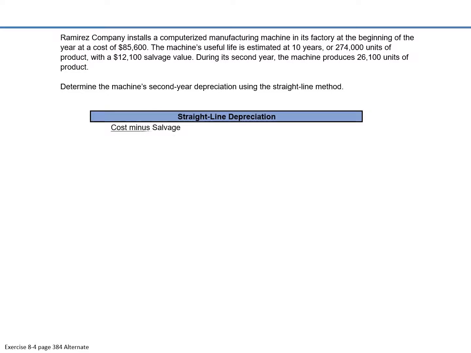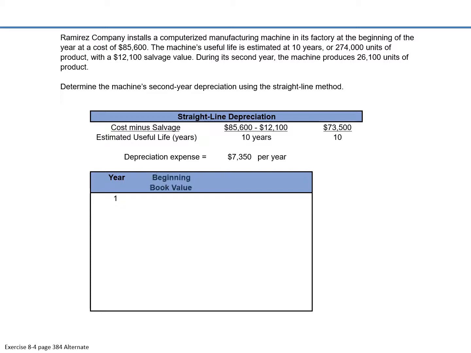All right, so straight line depreciation is cost minus salvage divided by useful life. In this case, we have a cost of $85,600, a salvage value of $12,100, and a 10-year life. So we have $73,500 divided by 10 years, or $7,350 of depreciation expense per year.